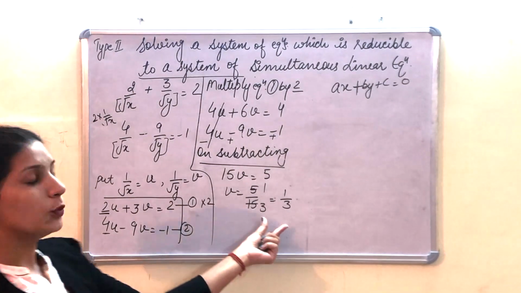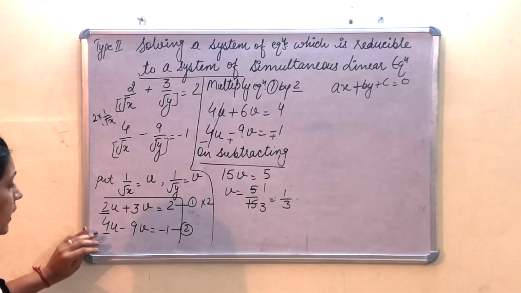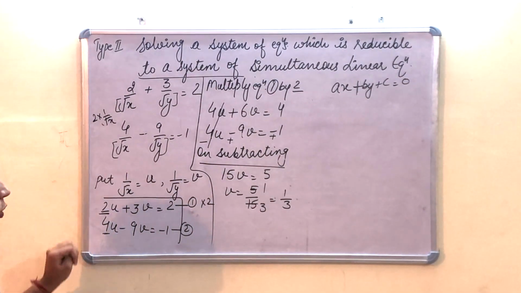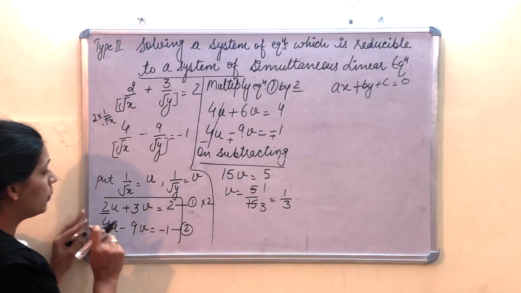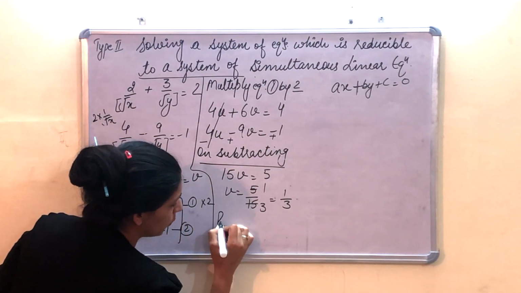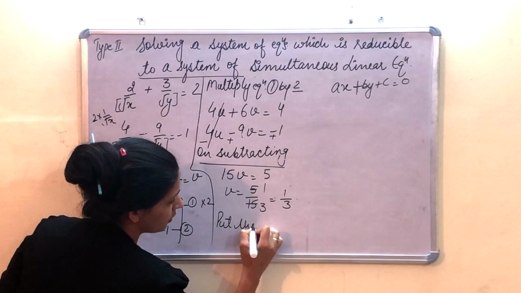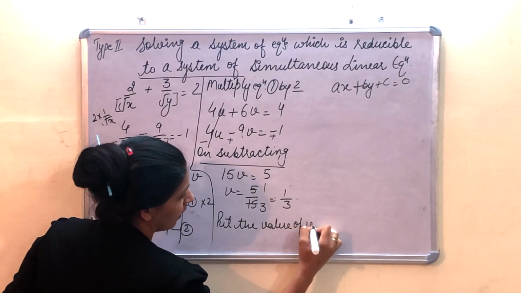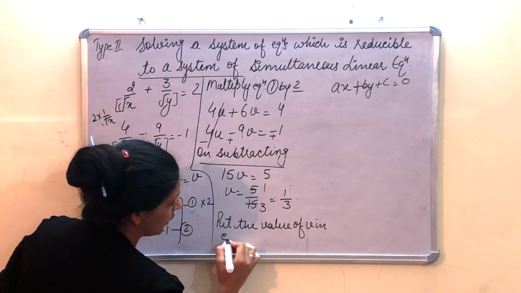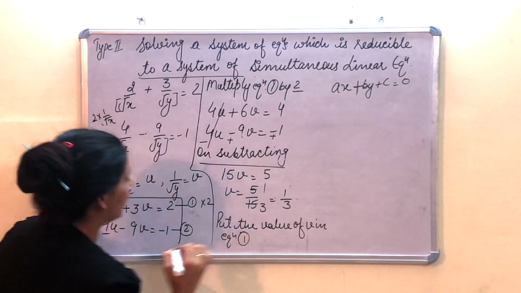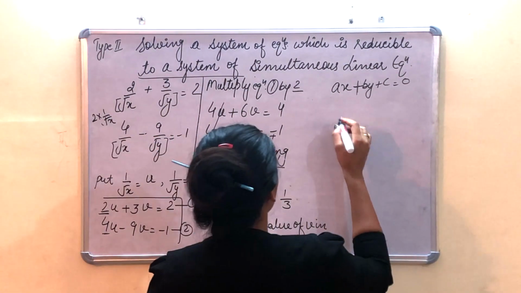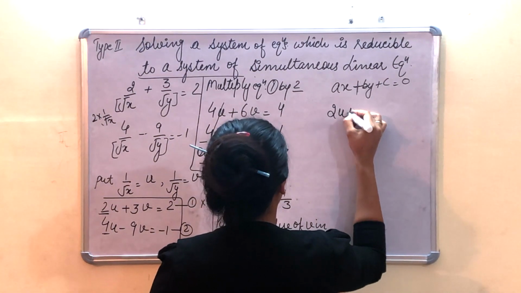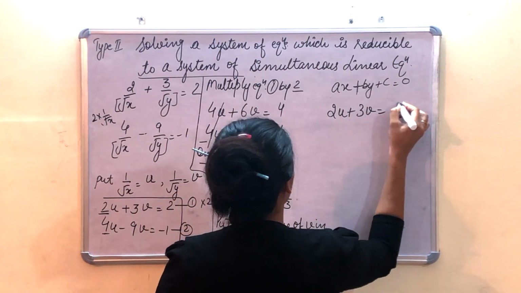Now we put the value of v in any equation to find the value of u. So we substitute the value of v in equation first. Our equation is 2u plus 3v is equal to 2.